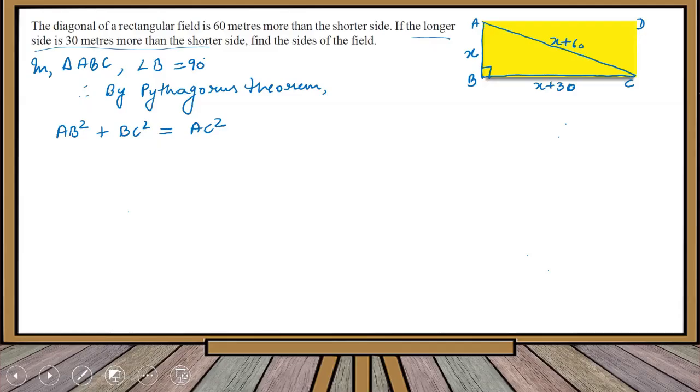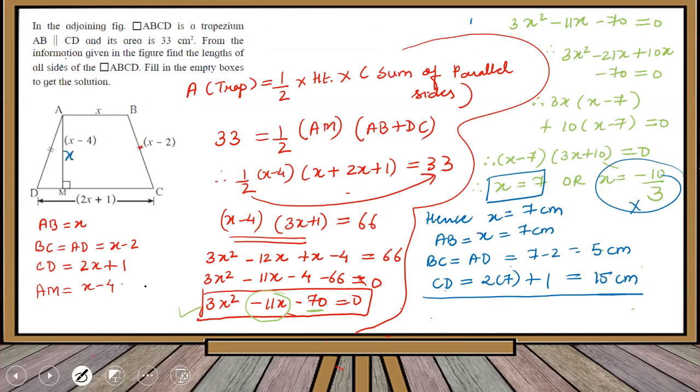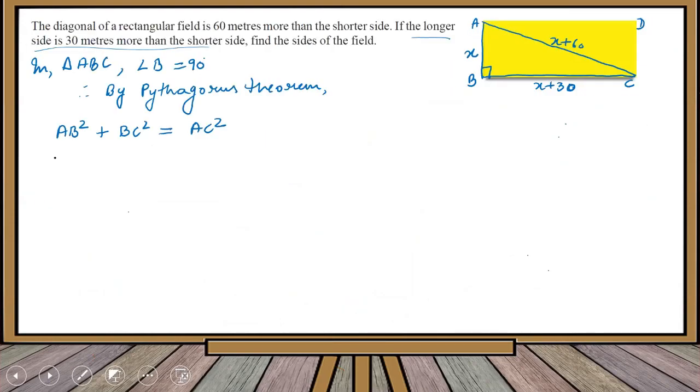So that's X square plus (X plus 30) whole square equal to (X plus 60) whole square. Okay, this is the situation that we have got.